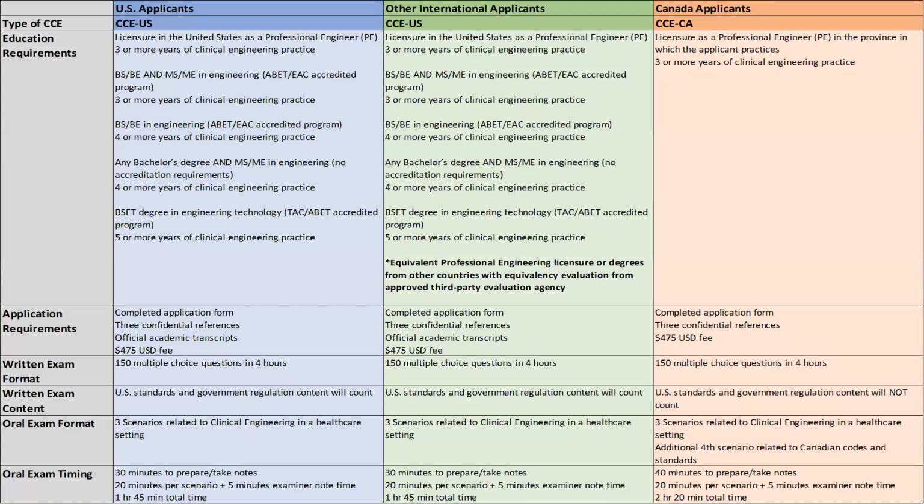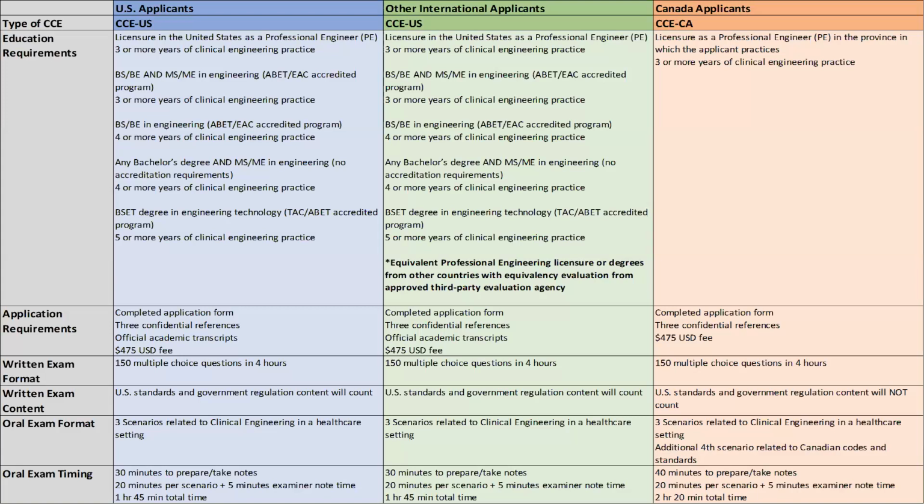This slide shows some differences between the different types of US versus Canada or international applicants. If you look through this graph, you'll see the differences. The main difference, again, is that in Canada you'll just need your license as a professional engineer, plus the 3 years of clinical engineering practice.